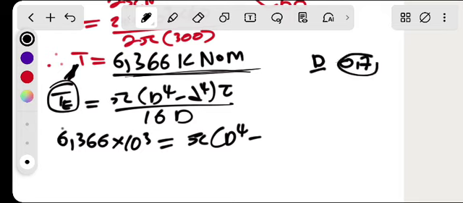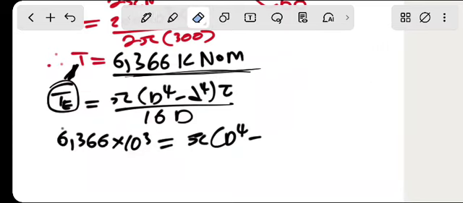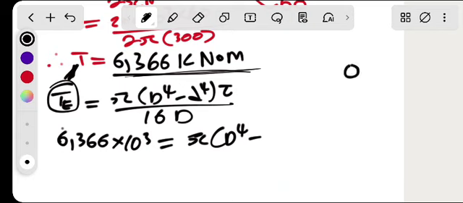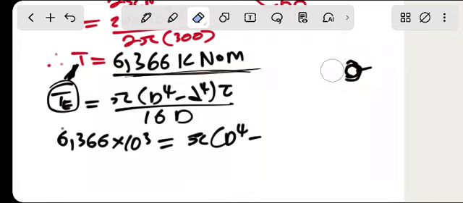This will be small d, which has the ratio of 0.7. All right. The hollow shaft, they said, is the diameter ratio, talking about the inner part there.